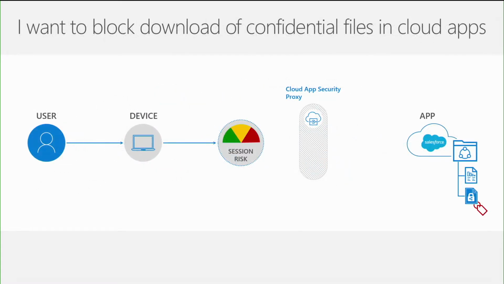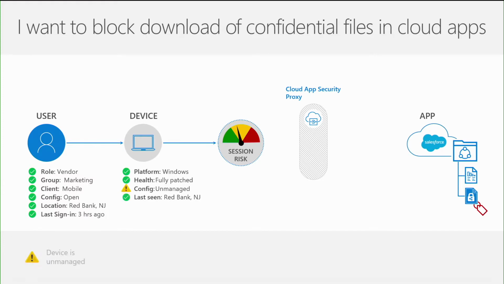The second scenario is blocking download of confidential files in cloud applications. In this scenario, most of the conditions the user is coming from are all right, but we see that the device the user is coming from is not managed by the organization. So the risk decision is not low, not high, somewhere in between. In this case, the Cloud App Security Proxy is going to do the in-session control.